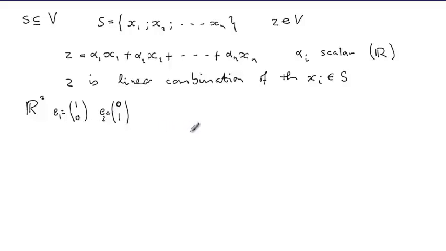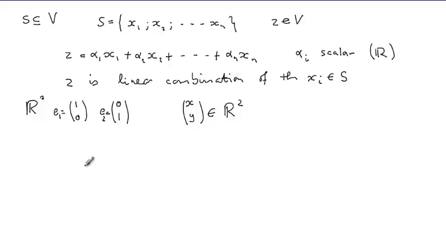With these vectors, we can show that any vector (x, y) in R2 is a linear combination of these two.